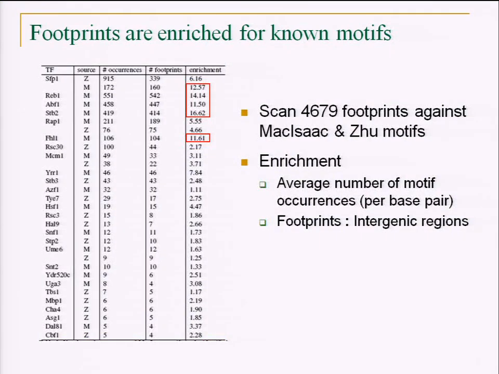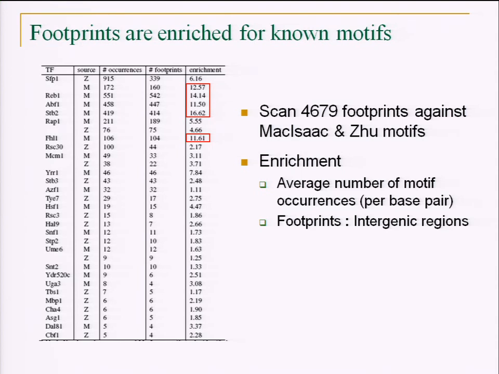This shows motifs that were detected in our identified footprints at Q 0.05. There are 47 sources of motif. The column shows you the number of motifs or identified footprints, and the other column shows you the footprints containing a particular motif.